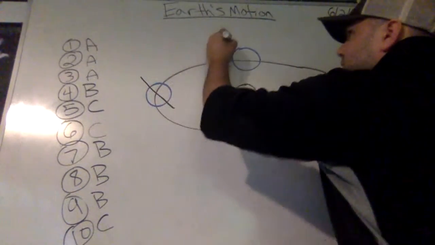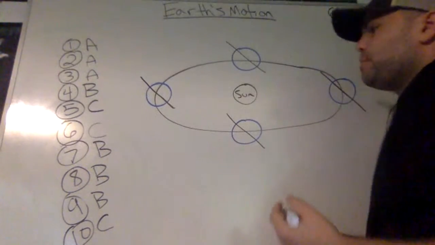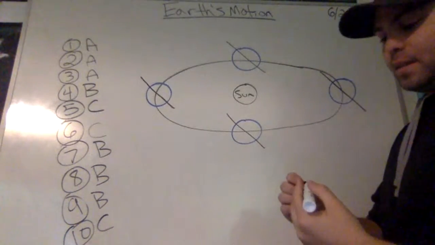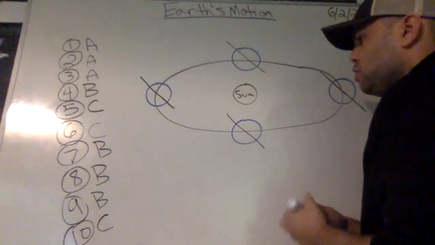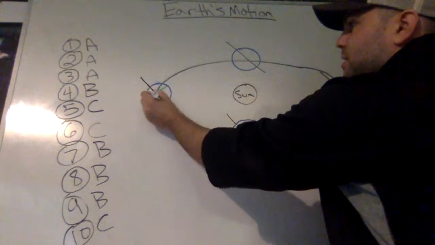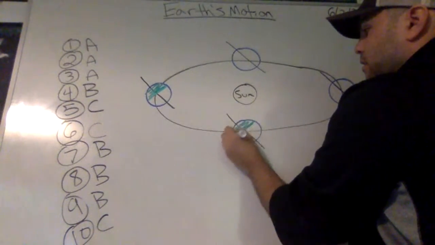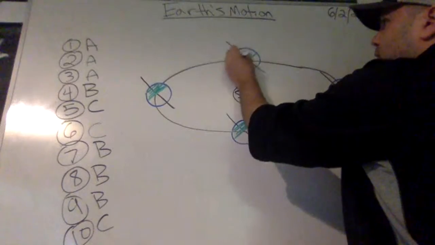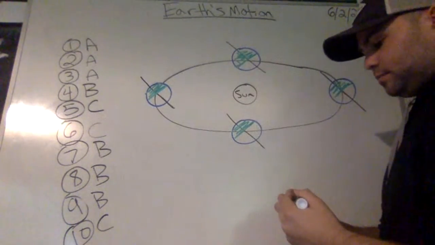So since it's tilted, not every part of the Earth always gets the same amount of sunlight. So this goes back into our notes. For this, I'm only going to color in the northern hemisphere. So remember, since it's tilted, here's our northern hemisphere, northern hemisphere, northern hemisphere, and northern hemisphere.